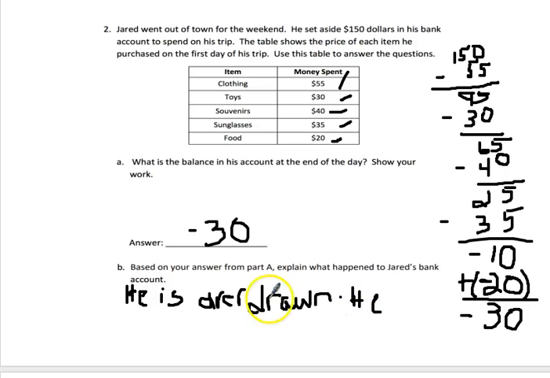So he's writing checks, but he doesn't have money in the bank to cover the checks that he's writing. And most banks, if you owe them money because you overdrew your account, they're also going to tack on some fees. But the situation here doesn't tell us if he has to pay penalty fees for that, but that's usually what happens in real life.